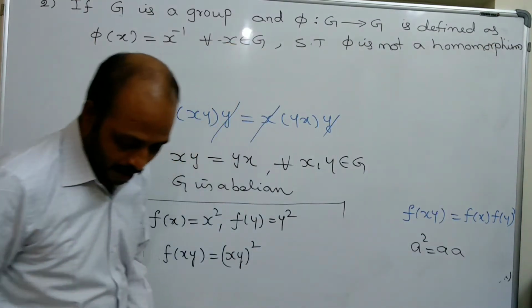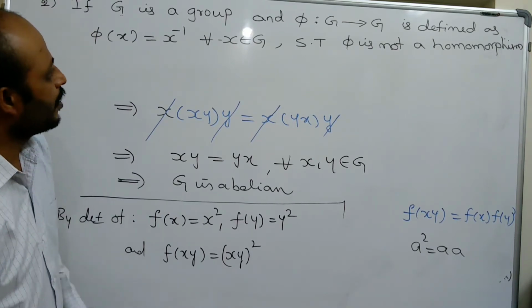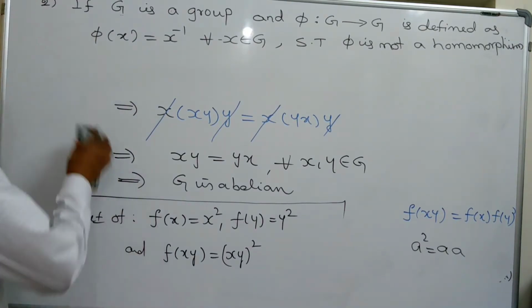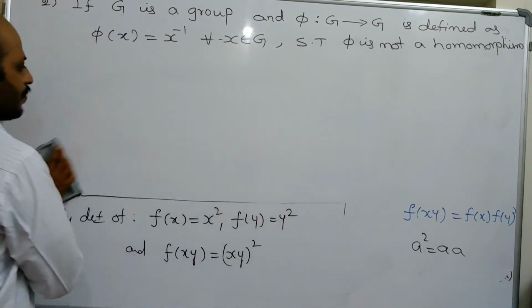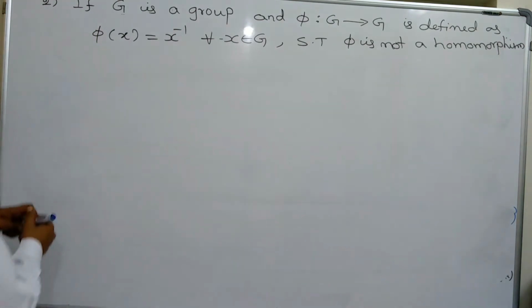Observe the problem. G be a group and pi maps G into G defined by pi of x equals x power minus 1 for all x belongs to G. Show that pi is not a homomorphism.